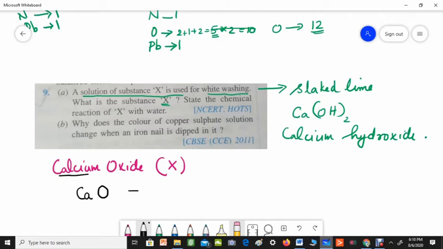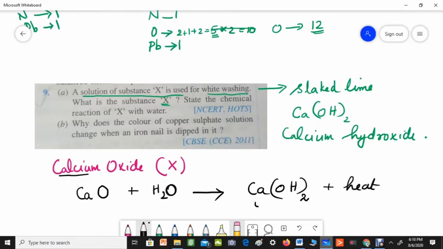When this reacts with water, calcium hydroxide is obtained. This reaction is a highly exothermic reaction, which means a large amount of heat is liberated. And this calcium hydroxide is used for the whitewashing of walls.